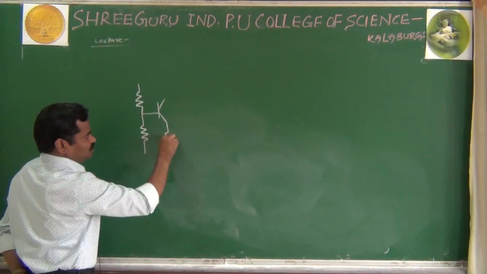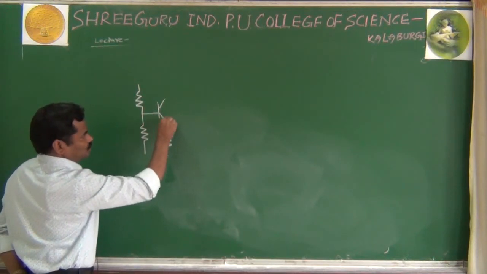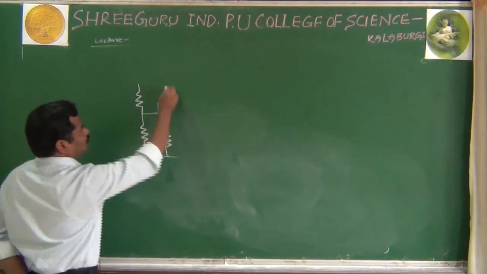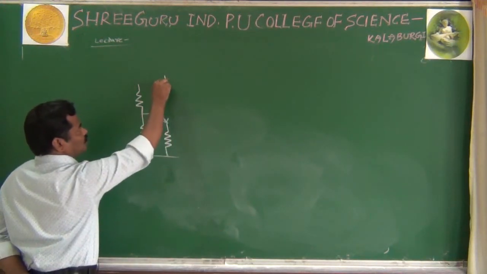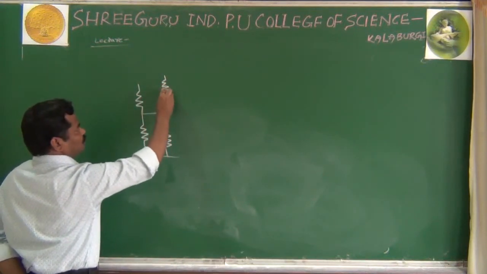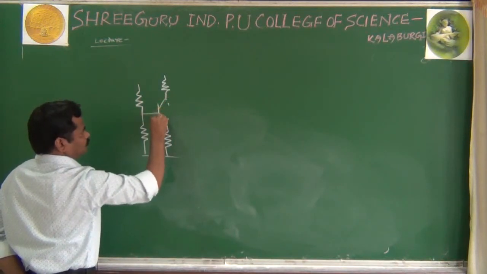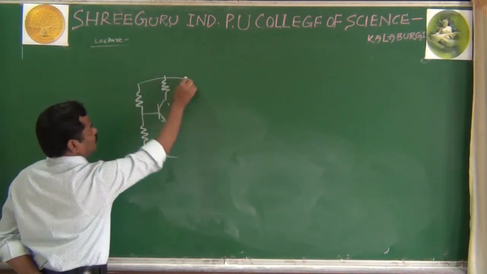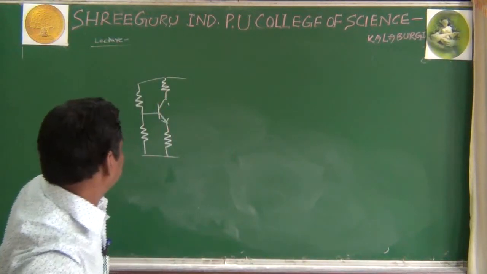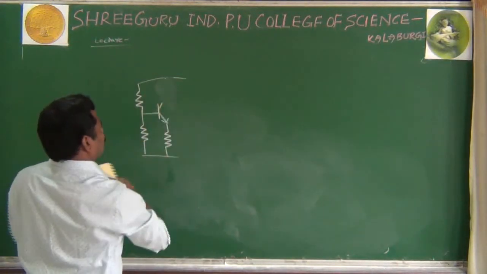You studied in your first year, you have basic knowledge to divide the voltage, and here you are also using an RC. As I said already, you are using the voltage divider biasing.